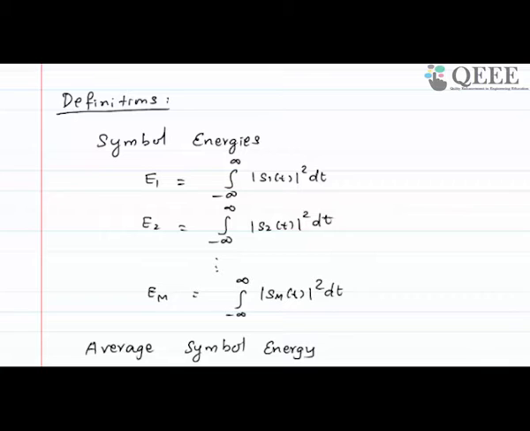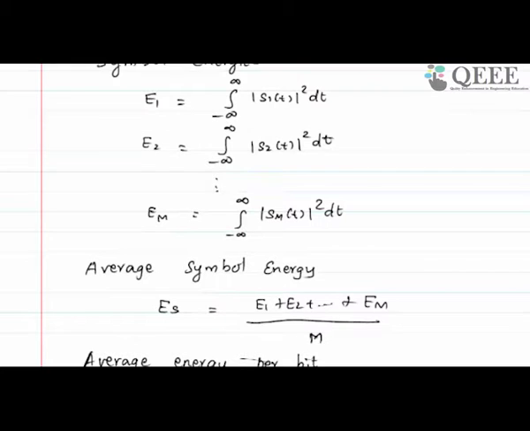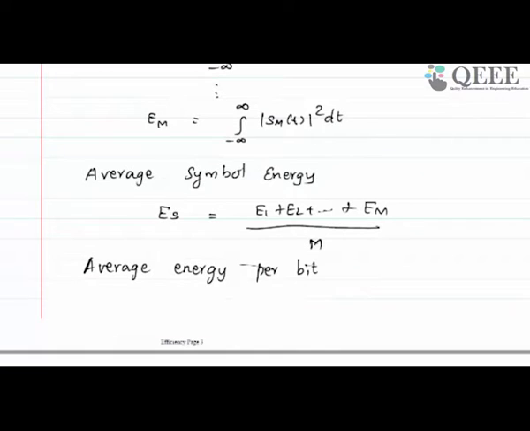So E1 is the integral of S1 of t squared, E2 is the integral of S2 of t squared, and so on. So these are the energies I spend to send each waveform corresponding to a particular value of the symbol. Now the average energy is basically the average value of E1, E2, up to Em, which is I sum all these values and divide by m. That is the average symbol energy, which I call Es.